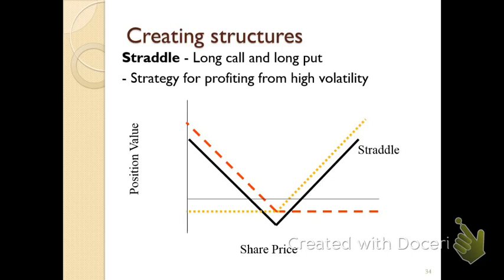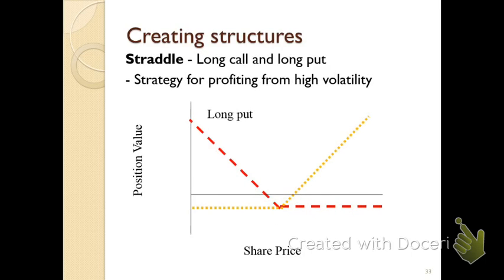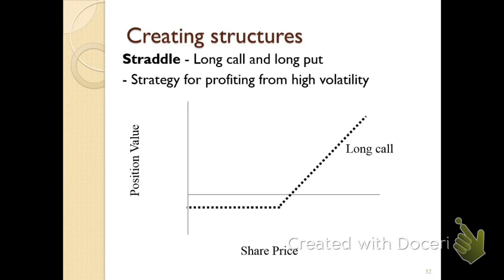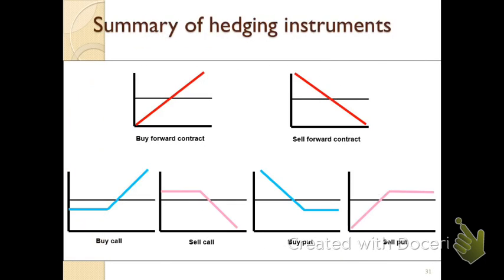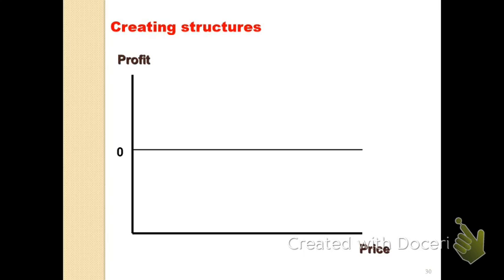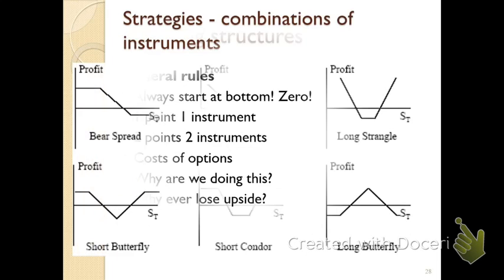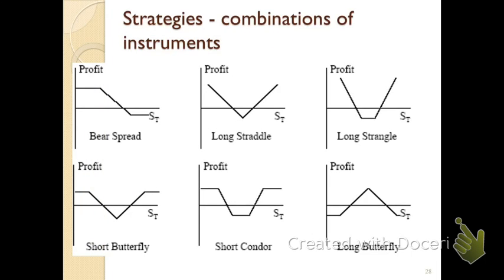Okay, if we go back and say let's go and create another one. We are going to create, let's do the short condor, so the one at the bottom. So if we want to create that, what we need to do is remember the rules, start at the bottom.